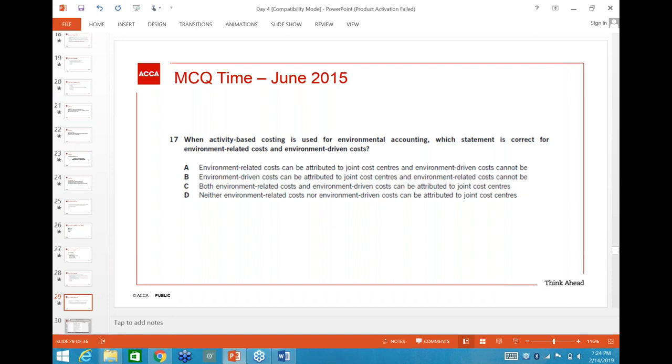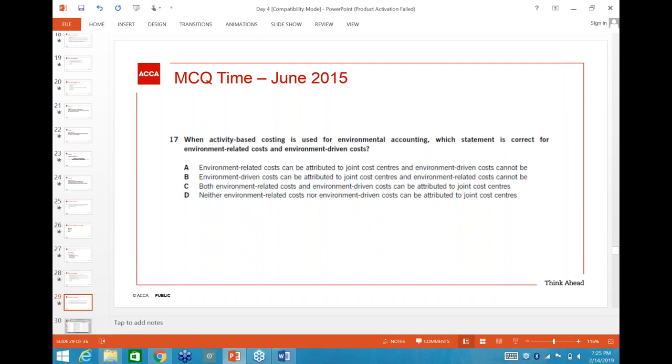Environmental-related cost can be attributed to joint cost centers. Environmental-driven cost cannot be. That answer's right. That comes from the theoretical aspects in terms of activity-based costing and under the activity-based costing under environmental accounting, right? So that concludes that as well.